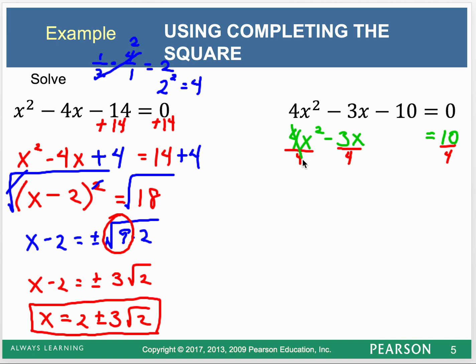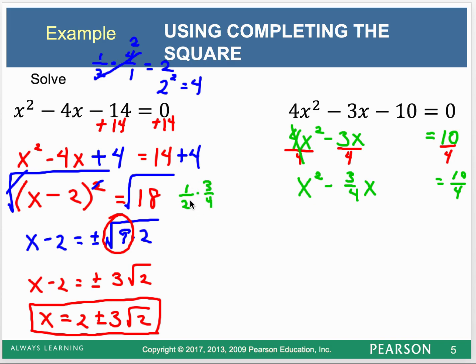Okay, so now that's going to give me 1x squared minus 3/4 x equals 10/4. Third step, take half of 3/4. Oh my goodness, what is half of 3/4?